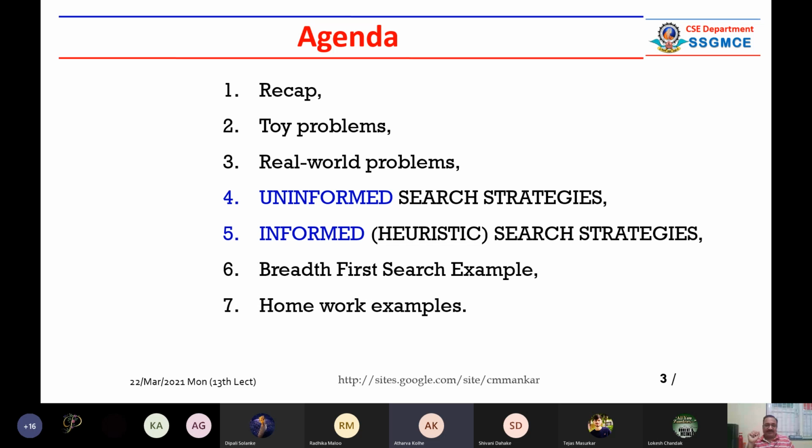So there are 3 or 4 types of algorithms like the A star algorithm, best first algorithm, like that, in that category. And today we are going to learn about breadth first, and a third example. I will be giving you graphs, so you may have to apply the algorithm on a graph. You know what a graph is, and you must understand the difference between a graph and a tree.